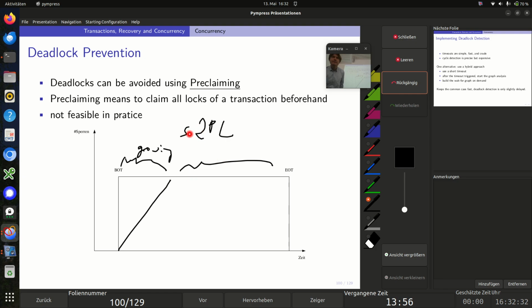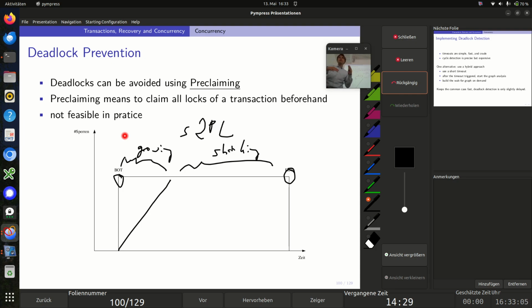But in strict two-phase locking, this shrinking phase is also atomic. So basically it's just shrinking here and growing here. So the idea is, the transaction is only allowed to start if the transaction has all the locks. But this means trial and error, we have to try again and again and again. And as soon as there are competing transactions, we always have one winner, one loser, and therefore it's not feasible in practice.